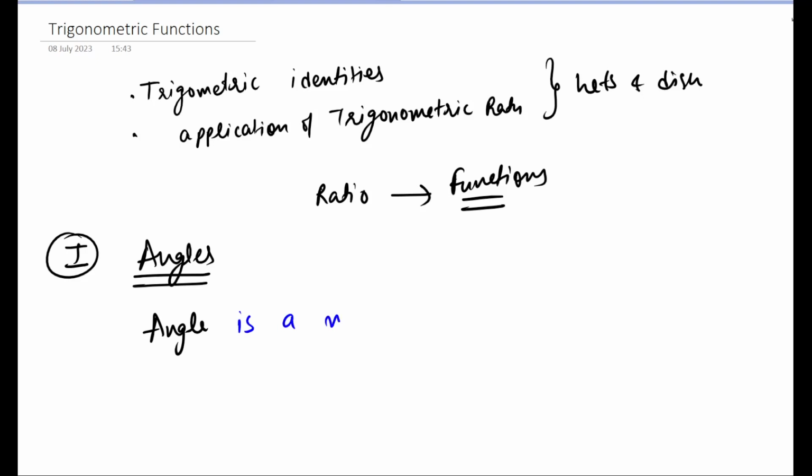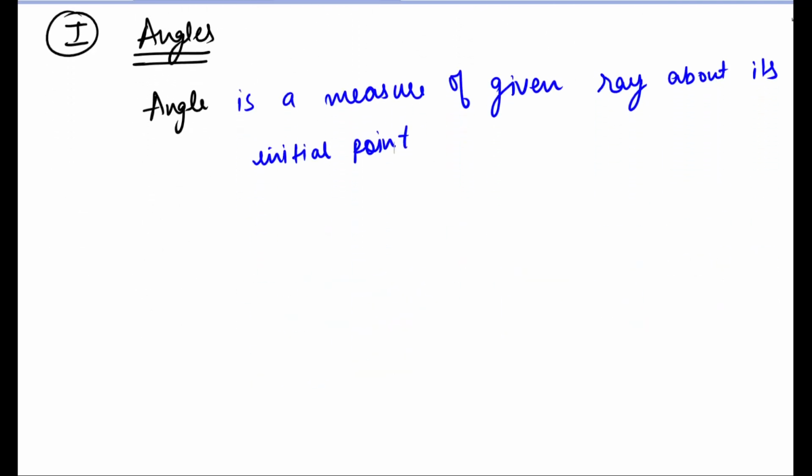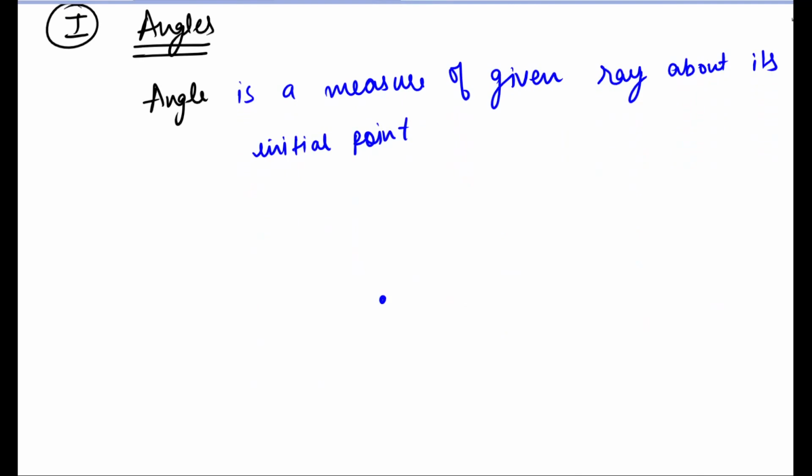An angle is a measure of a given ray about its initial point. We have this point, and this is a ray.